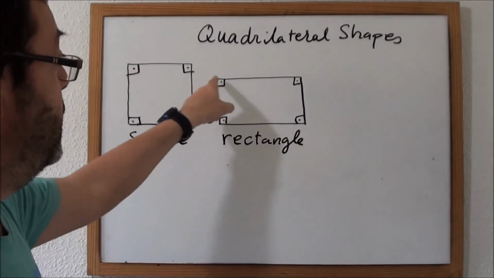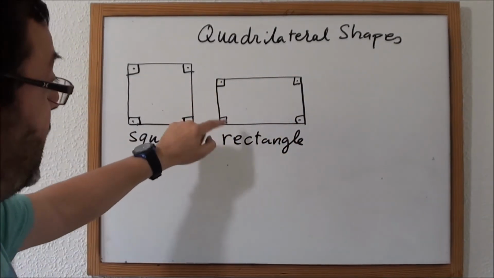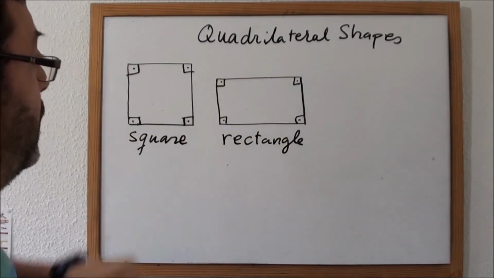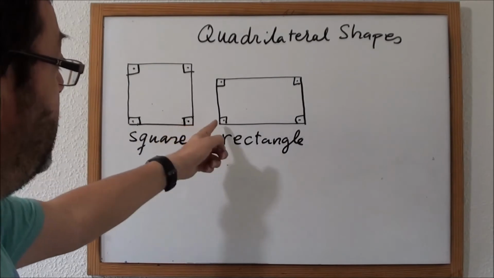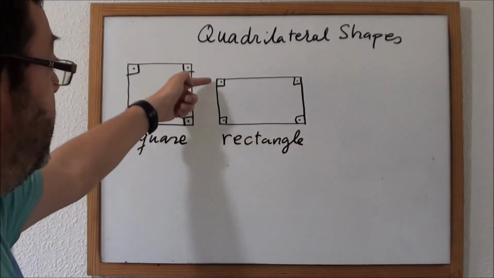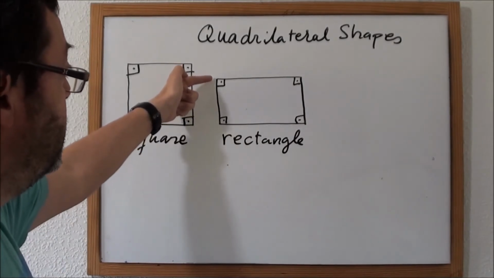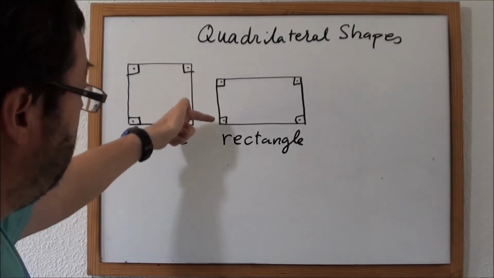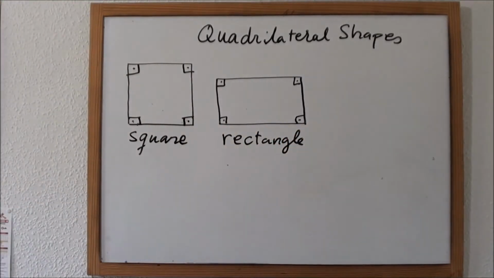So the sides are parallel and perpendicular to the contiguous sides, forming 90-degree angles, but we have a measurement here and a measurement here. We call this width and this length. We say this is how wide the rectangle is and how long the rectangle is.